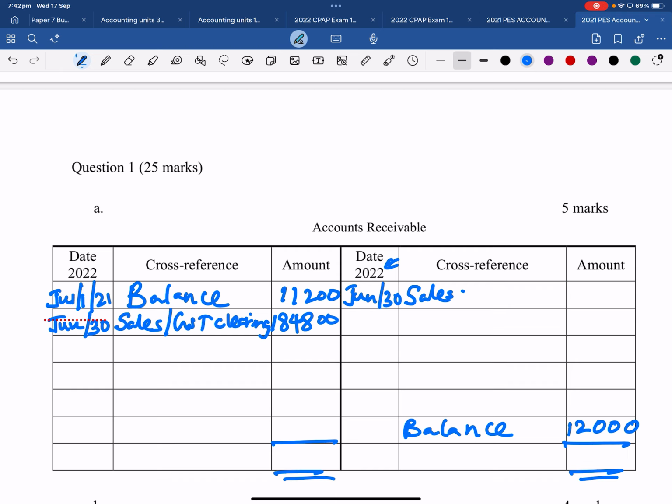Sales returns, GST clearing. So the amount is going to be 2%, which is 3,696.